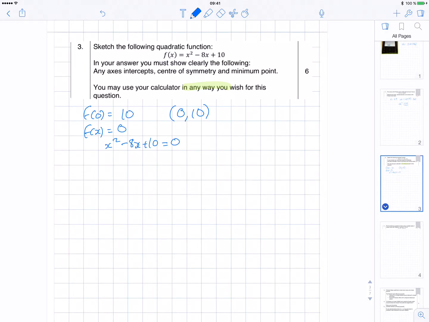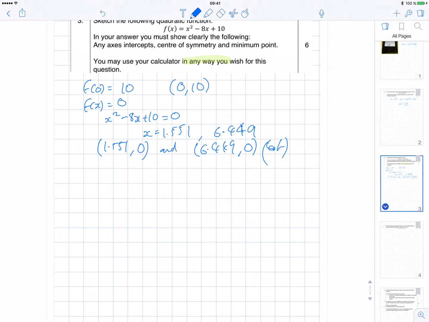And I get 2 nasty numbers. So I get x is equal to 1.551 and 6.449. So I get 1.551, 0 and 6.449, 0, and they were both to 4 SF.